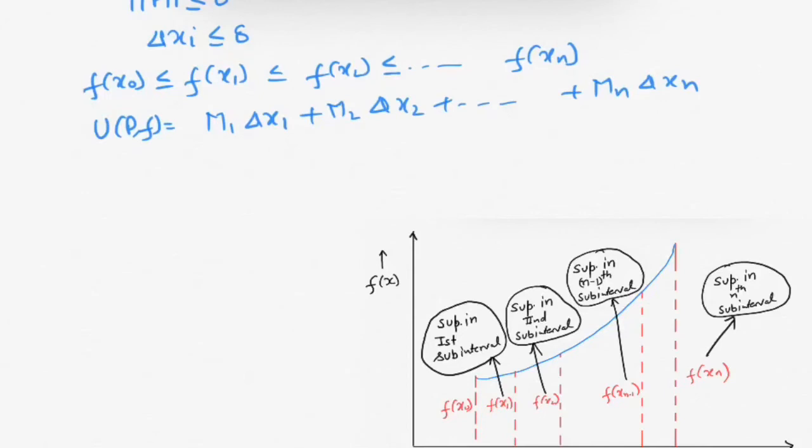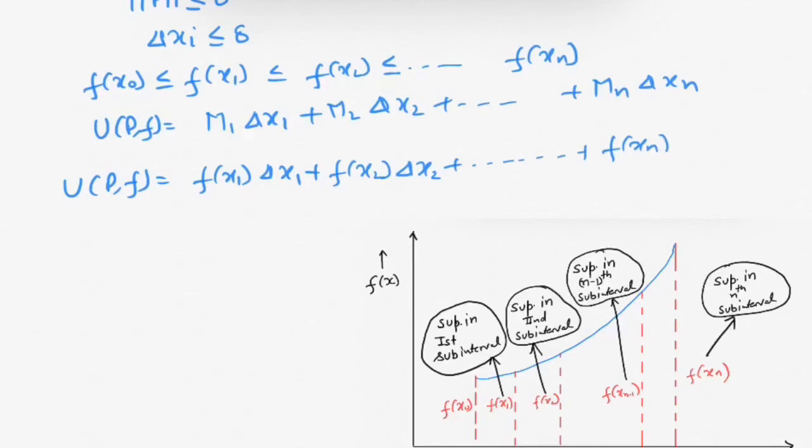Okay, now putting the value of supremums, U(P,f) equals f(x1) delta x1 plus f(x2) delta x2 and so on, f(xn) delta xn.